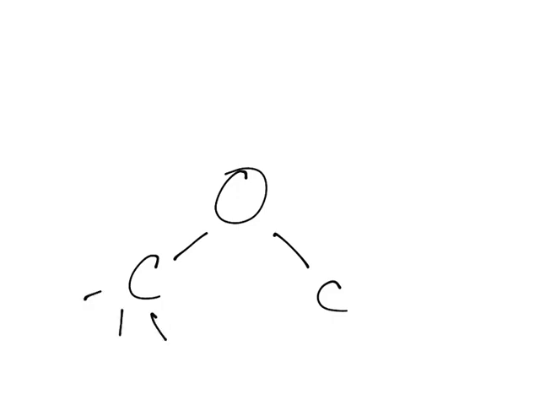So let's solve some problems. Let's say we have this: an oxygen here, carbon, carbon, and hydrogens here. The first thing you want to do when you want to determine the polarity of a molecule is to find the most electronegative element.